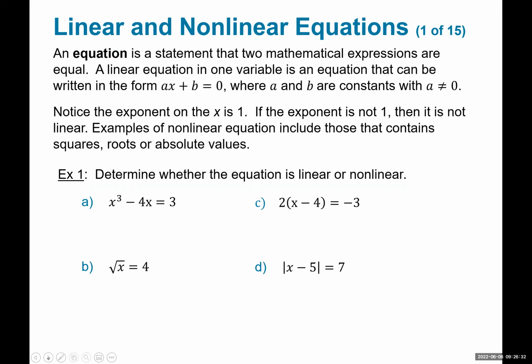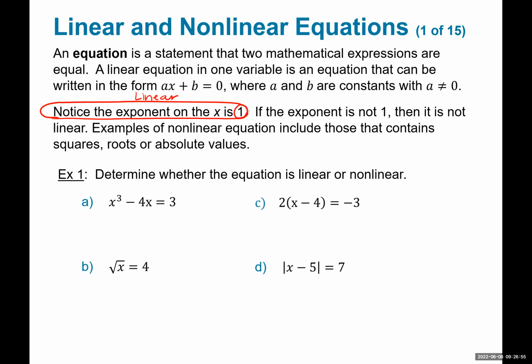So a linear equation and a nonlinear equation, we talked about this a bit in 2.1, what the difference is, but in general, the exponent is 1 in a linear case. So for linear equations, the exponent is always 1. Now remember, the problem is that we don't actually write that 1, so you may be confused.